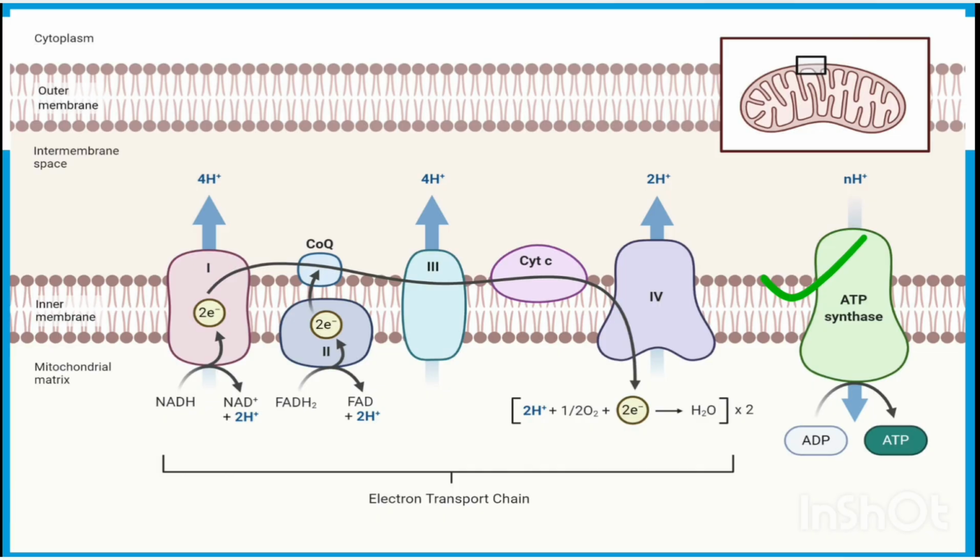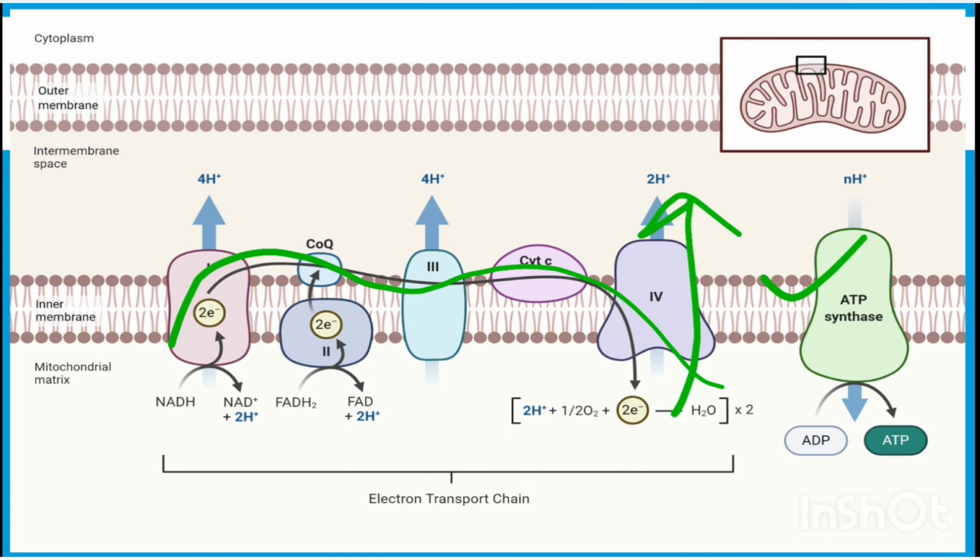During the electron transport chain, some free energy is lost, which at some sites is used to pump protons from the matrix to the intermembrane space. So this proton pump occurs at 3 energy conservation sites.